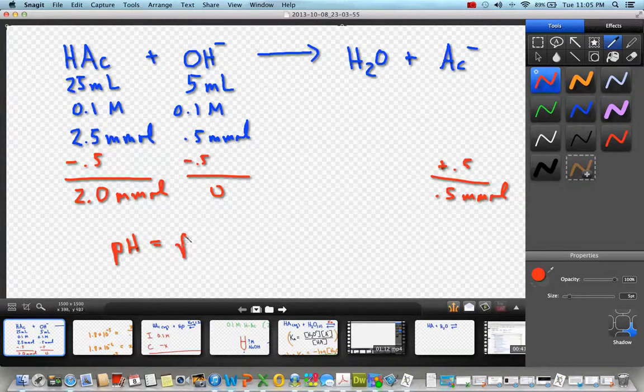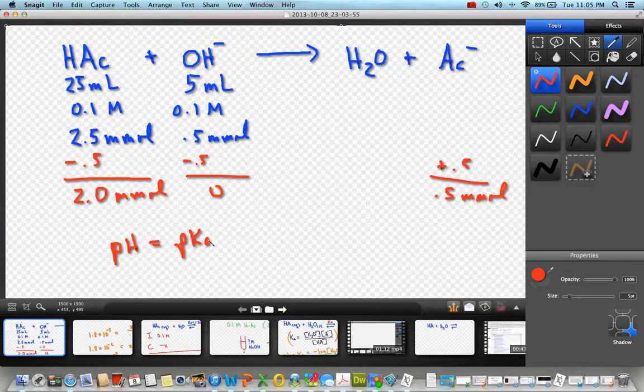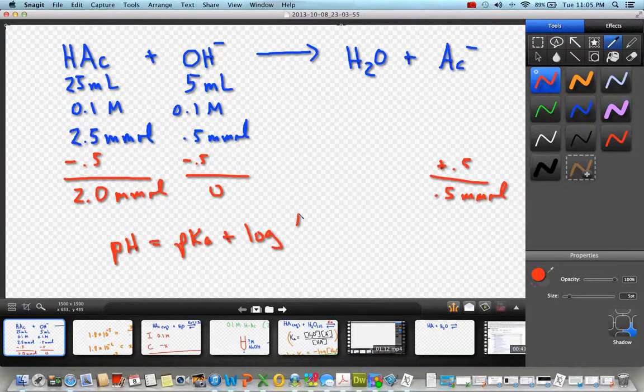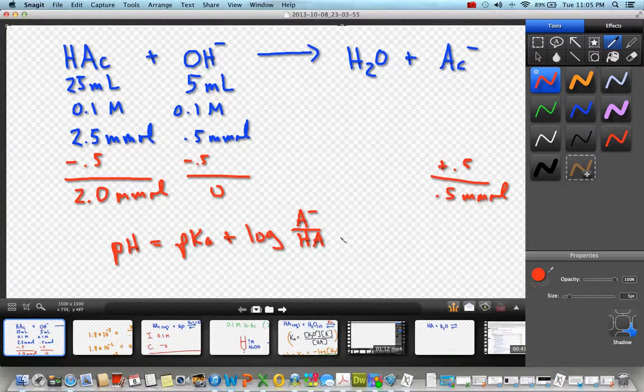Going back to the Henderson-Hasselbalch equation, I know that my pH is equal to my pKa plus the log of A minus over HA. pKa of acetic acid is 4.74 plus the log of 0.5 over 2.